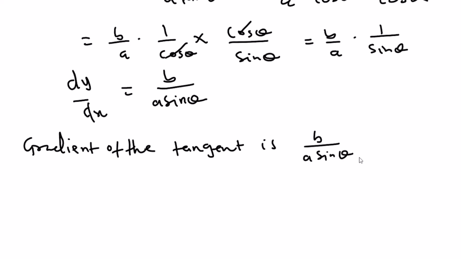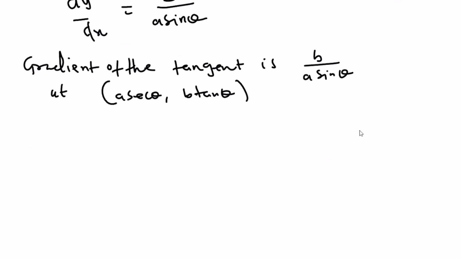Alright, so we have this as the gradient of what? The tangent, and with a point, at a sec theta and b tan theta, we can find our equation of the tangent. Equation of what? The tangent. So we have y minus y1 equal to m, x minus x1.